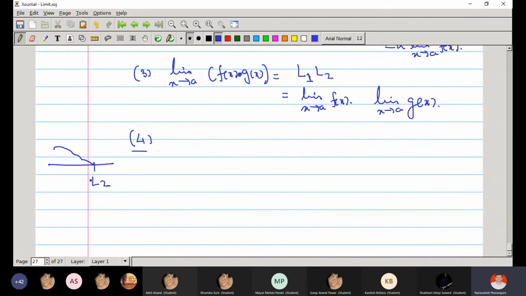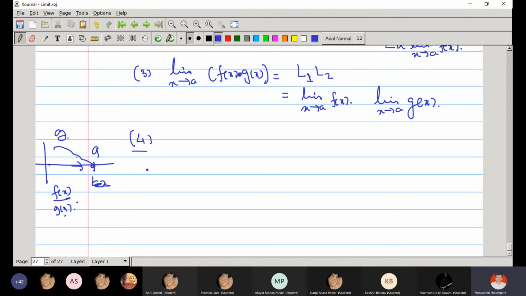But if the function is non-zero, but the limit at a is 0, right? If this is my function g, and as x tends to a, g(x) tends to 0, you cannot divide even though the function is non-zero. If g is non-zero, f(x) upon g(x) makes sense because g(x) is non-zero, but the limit of g is 0.